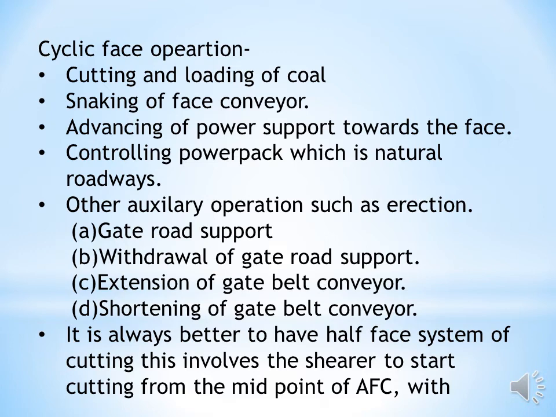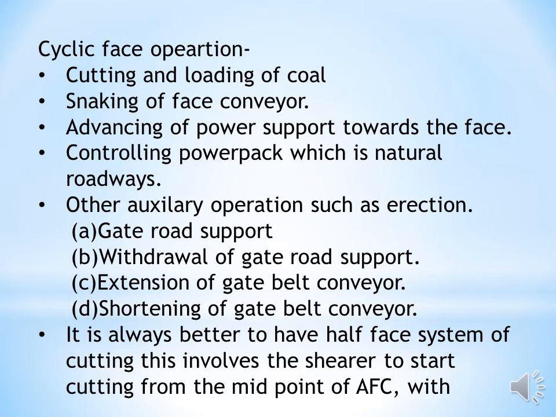So the cycle of face operation means going towards the mine boundary and coming back towards the shaft. The first point is cutting and loading of coal: cutting by the DRD and loading by the belt conveyor from underground to the surface. Simply, cutting by the DRD and loading through the belt conveyor.